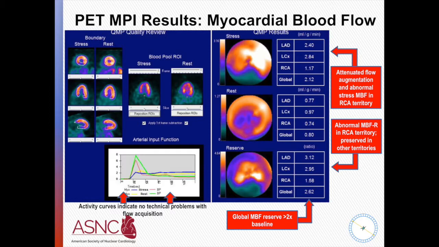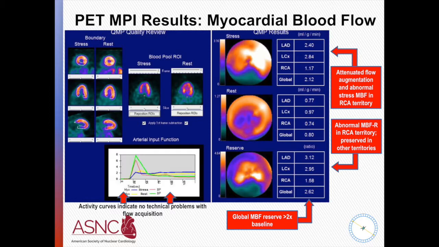Moving to the myocardial blood flow reserve, you see that the global myocardial flow reserve is 2.6, with a preserved reserve in the LAD and the left circumflex territories, whereas in the RCA it was blunted.